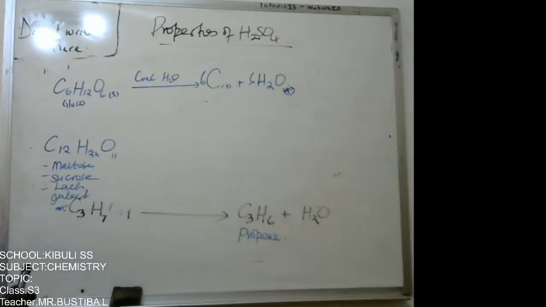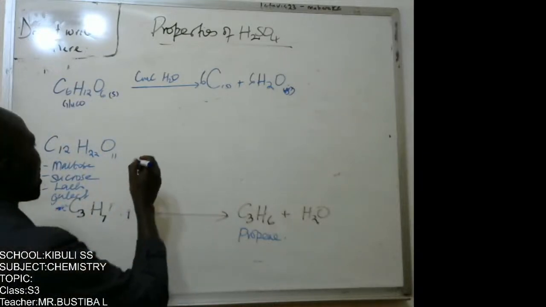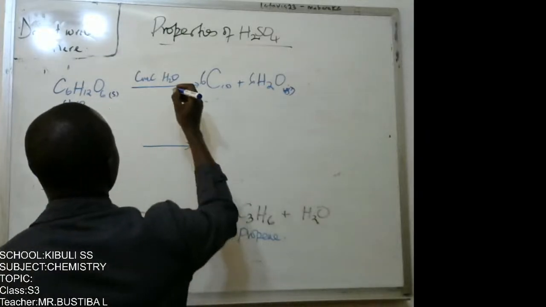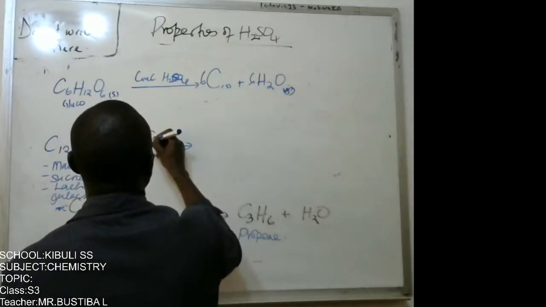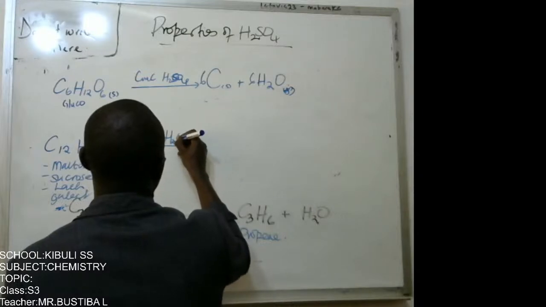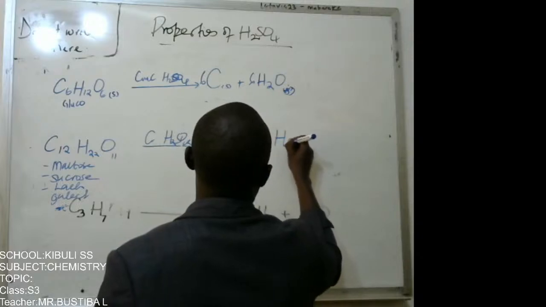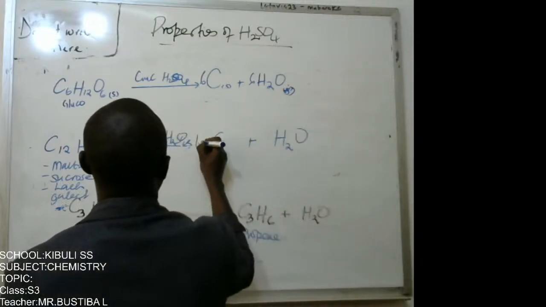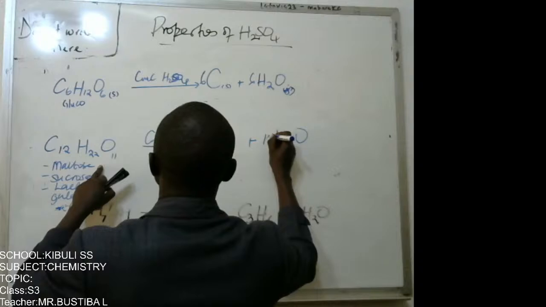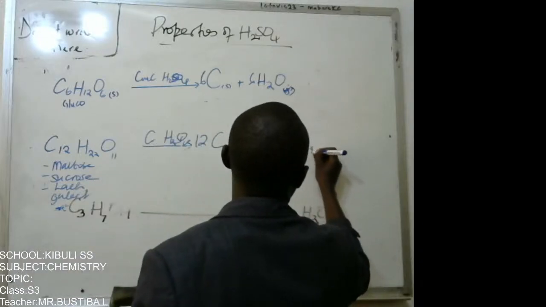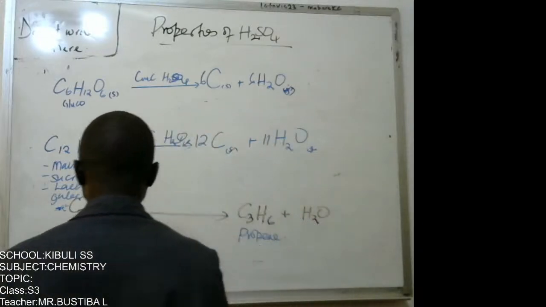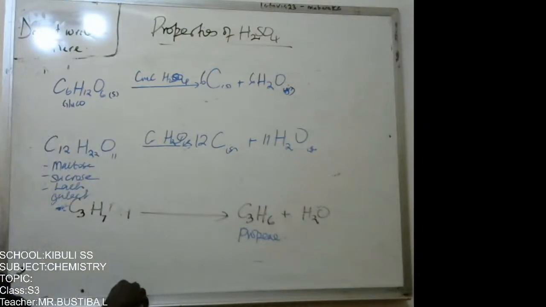All of these in biology are forms of disaccharides, 2 molecules of this coming together. And therefore, whichever dehydration is going to take place, with the same conditions using concentrated sulfuric acid, you'll end up with 12 carbon plus 11 water, and this is a gas. Too much heat is produced.